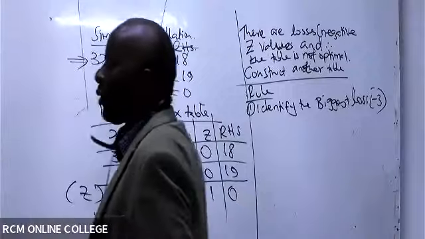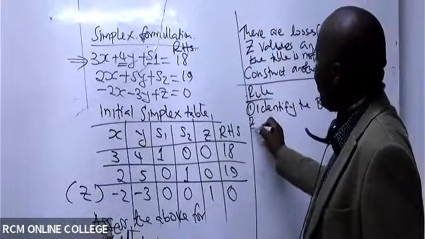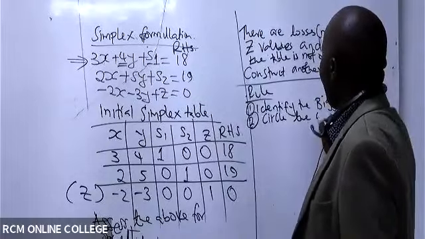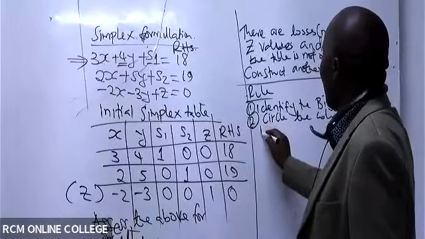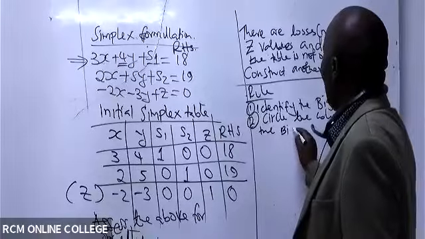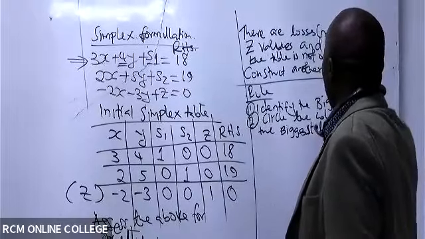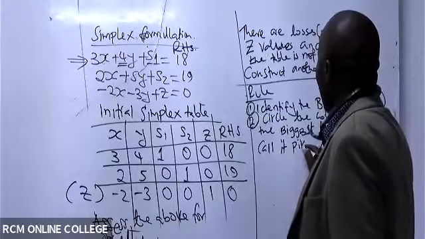So after you identify the biggest loss, ladies and gentlemen, number 2, circle the column of the biggest loss and call it the pivot column.